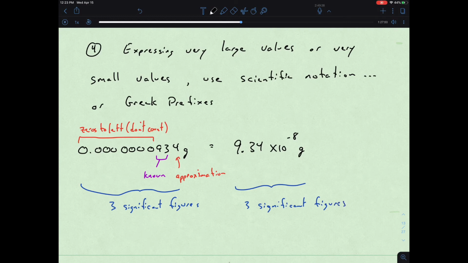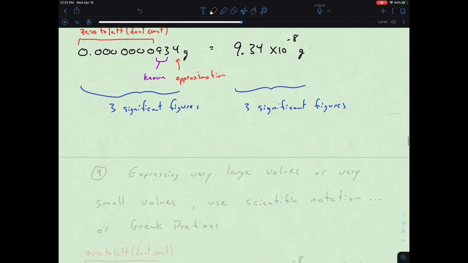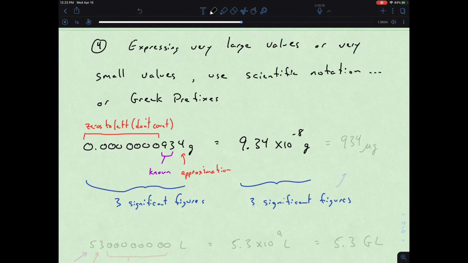I could also say that that is the same value as 93.4, or 934, or I could also say that's the same as 934 micrograms as well, right?